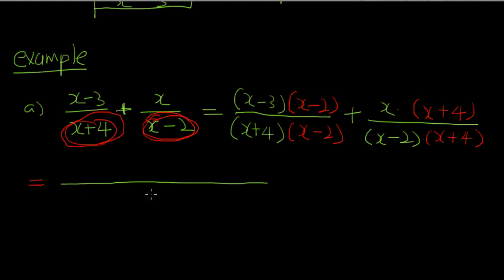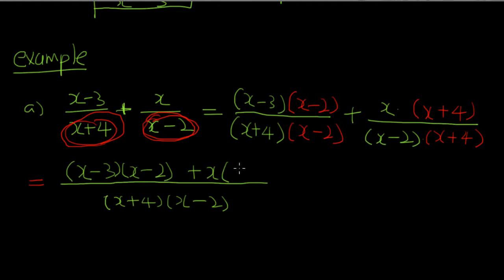So now our denominator is x plus 4, x minus 2. Now this one, okay, let me write the actual step. x minus 3 times x minus 2 plus x times x plus 4. Okay.